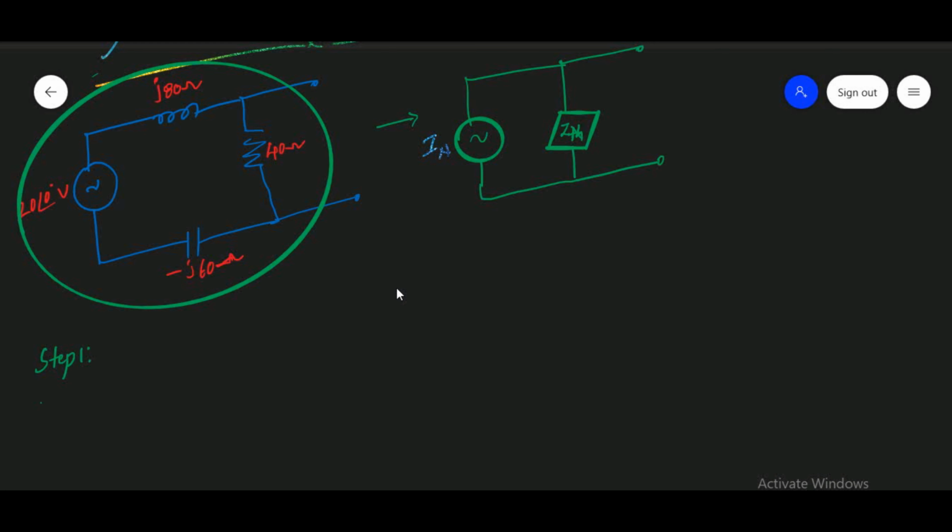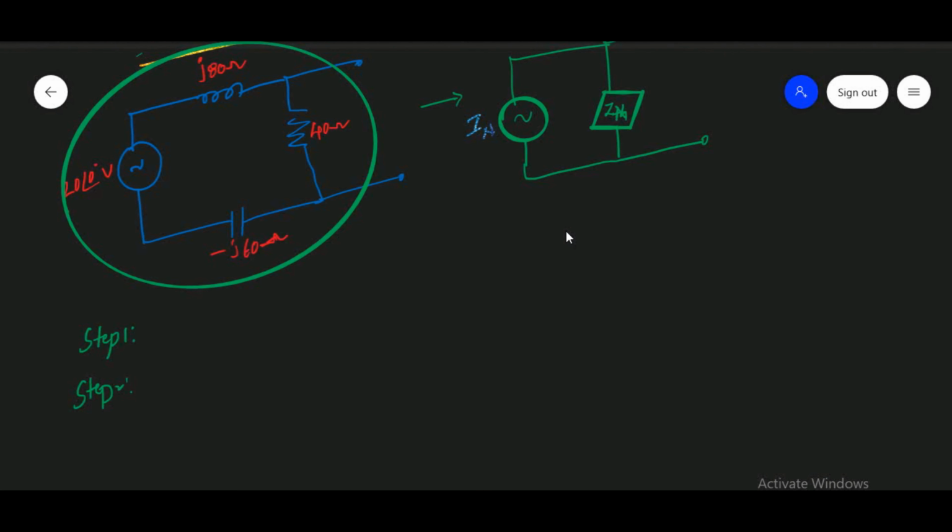What is step two? In step two, we have to consider the current distribution.